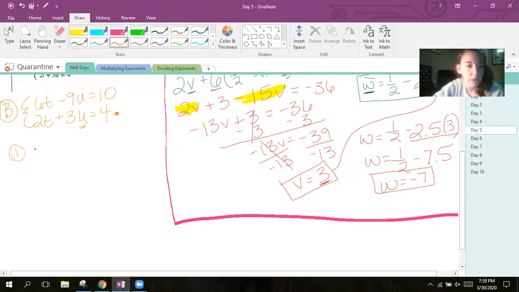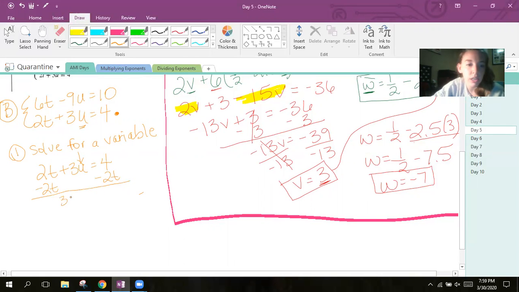So step one, solve for a variable. Again, I'm not being specific on which variable you have to solve for. It's really just whatever one you want to solve for. Okay, so I have 2t plus 3u equals 4. Subtract 2t, subtract 2t.